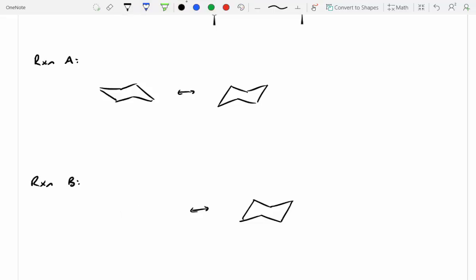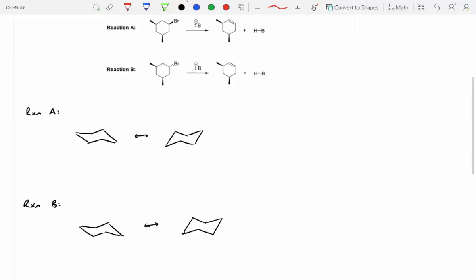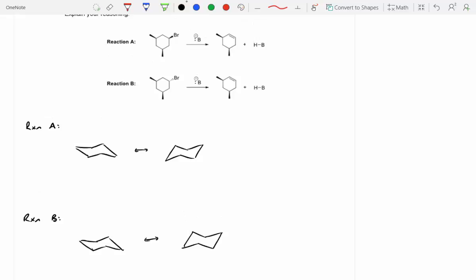Let me clean up my chairs a little bit. I don't like these. Everybody else is just trying to draw a chair. Okay, so I'm so glad I don't have to- this chair must be executed.